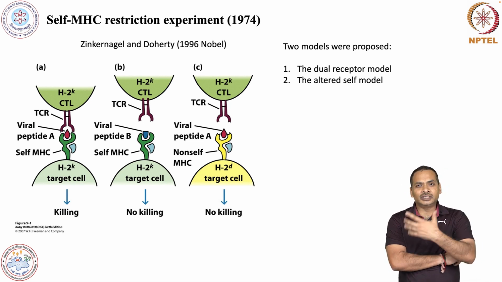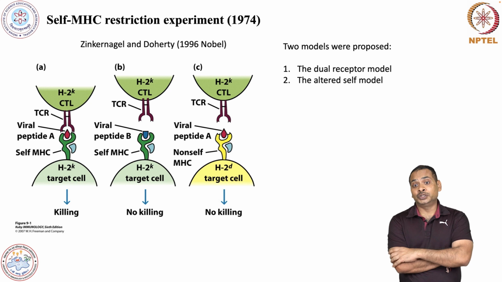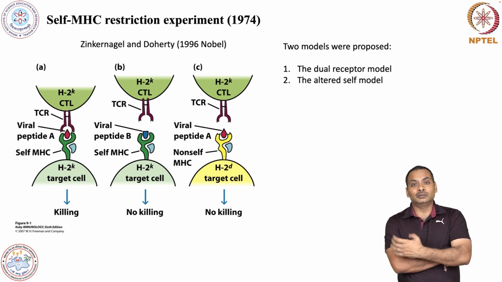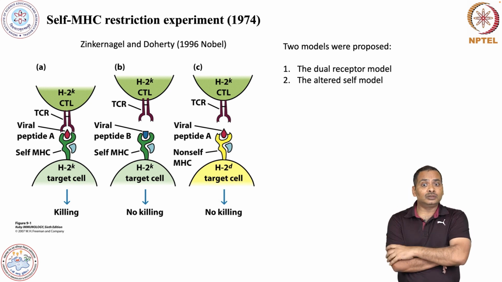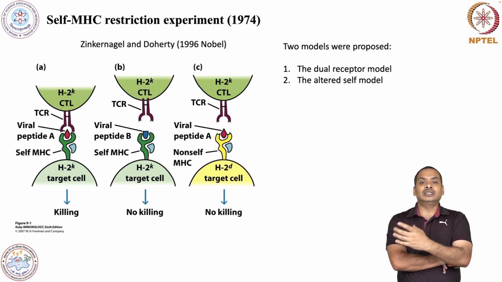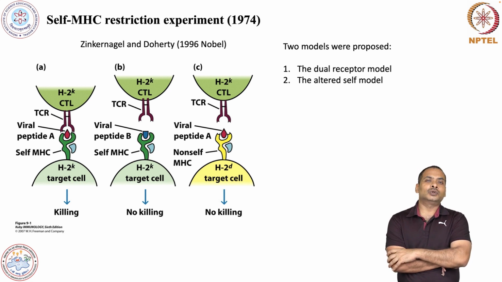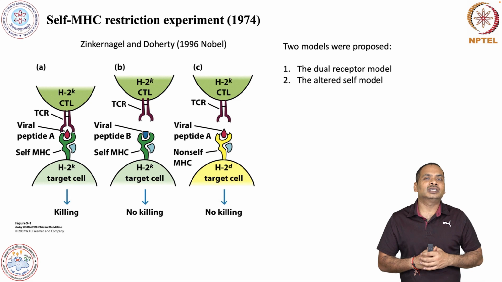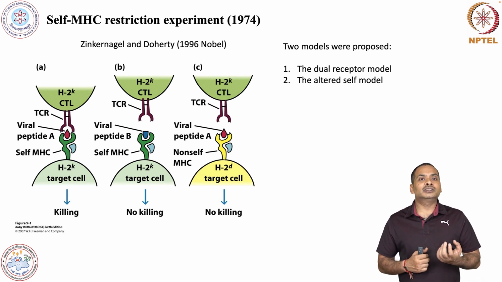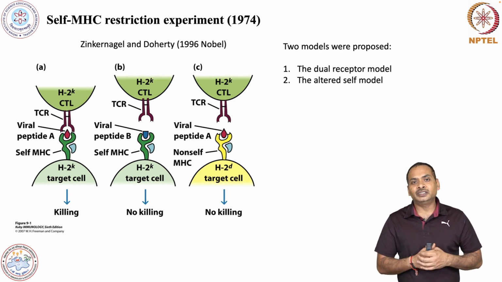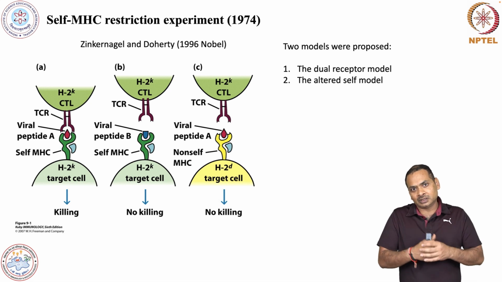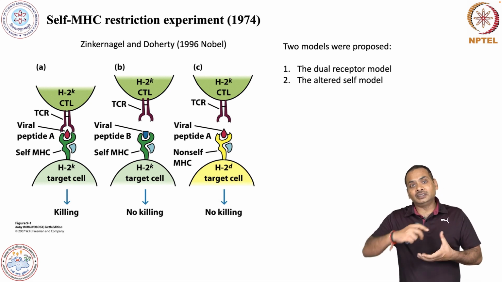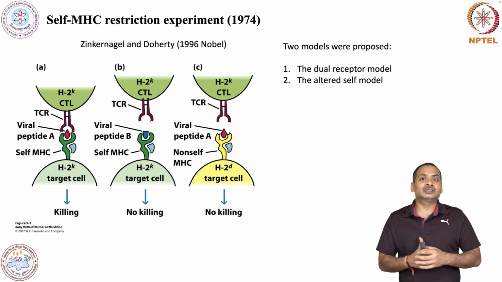Okay. So, this was the dual receptor model. People also proposed another model, which is more correct, that is the altered self model. The altered self model is that the MHC molecule is associated with the antigen, where the MHC is a little modified, and then this complex is sensed by the TCR.